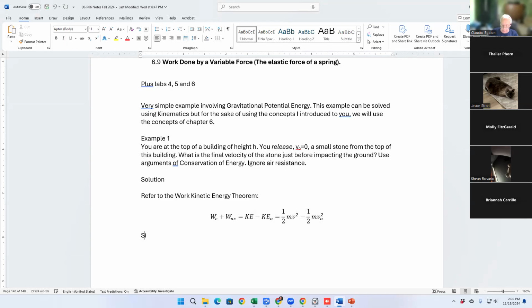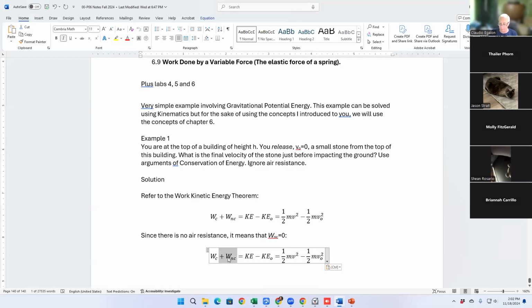Since there is no air resistance, it means that W_NC, the work done by a non-conservative force, must be equal to 0. Okay? I replace that with this one right in here. And my equation simplifies to something like that.